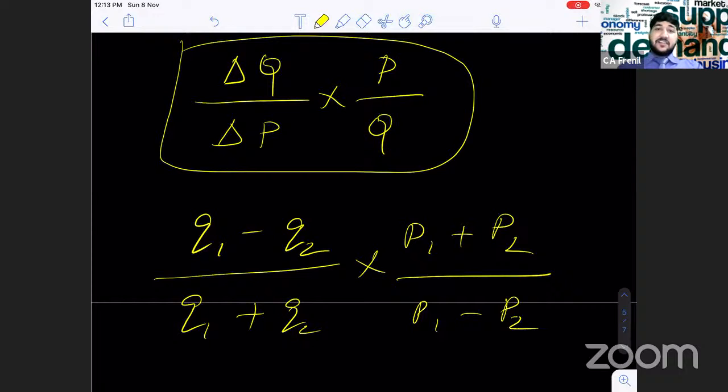When elasticity is greater than 1, what happens? We call it elastic. When elasticity is less than 1 but more than 0, what is it? It is called inelastic. Correct? So tell me, what are the different types of elasticity? There is perfectly inelastic. That is when elasticity is 0. I will write it down.